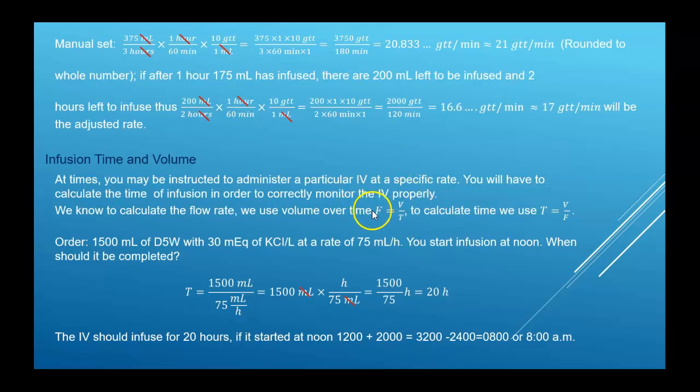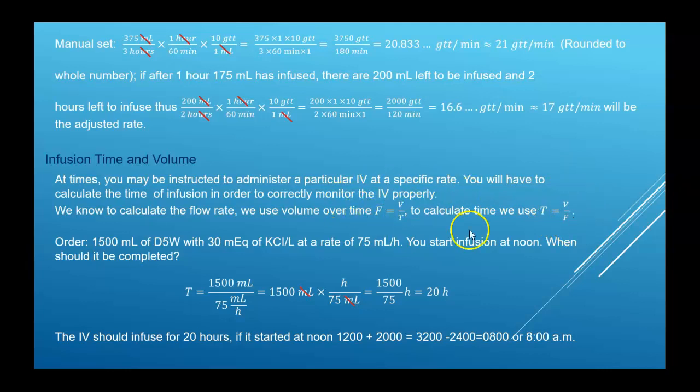As long as you have two of these numbers, you can always find the third. So if we are missing the time, we can use this formula: time equals volume over flow rate. Or, I'm sorry, infusion time equals volume over the flow rate.